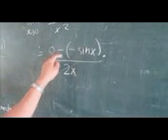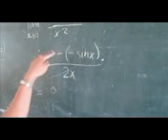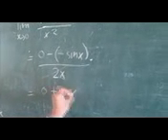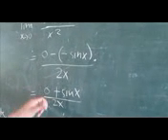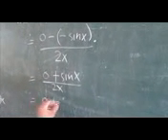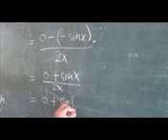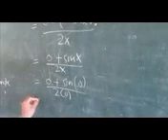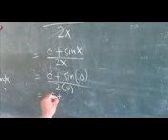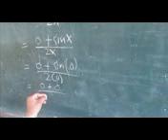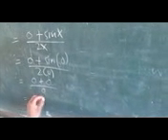So negative times negative becomes positive sine x over 2x. Then substitute the value of x with 0. So sine 0 over 2 times 0, which is 0 over 0, which is also indeterminate.